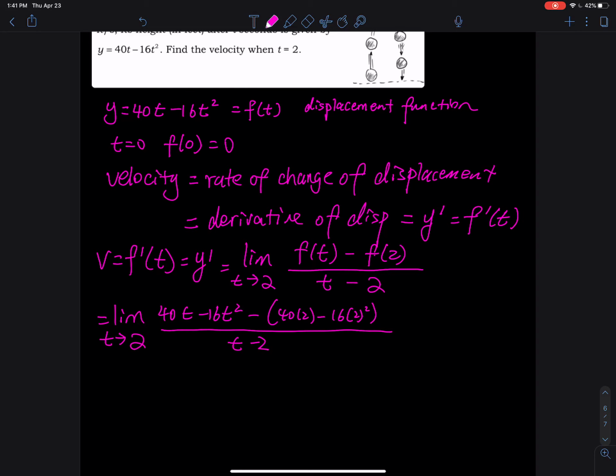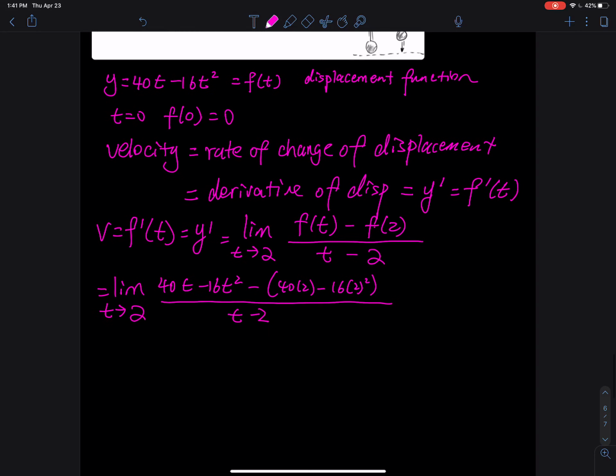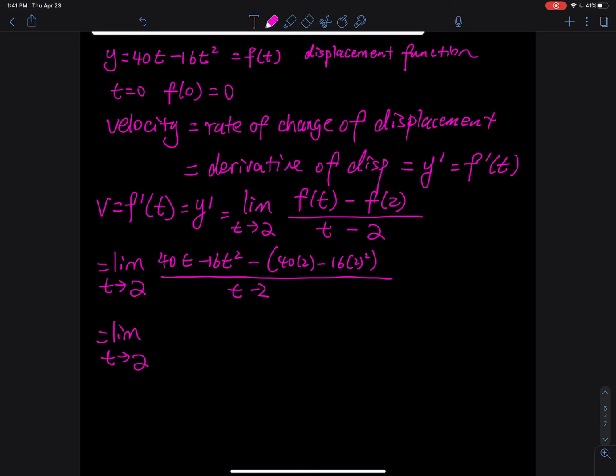The rule is you simplify everything. So you have the limit as t approaches 2 of 40t minus 16t squared, and then subtracting gives me a 16, divided by t minus 2.